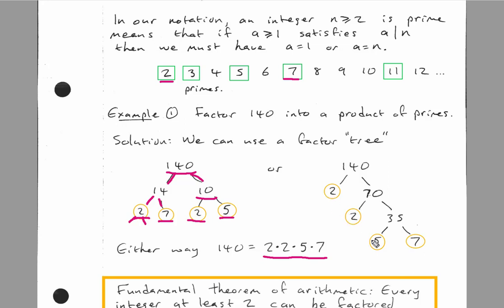So we got the same prime factors, 2 times 2 times 5 times 7, in a different order, but starting with the smallest. This is called a prime factorization of 140.